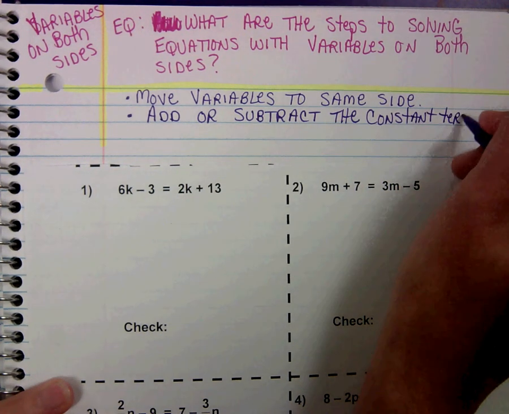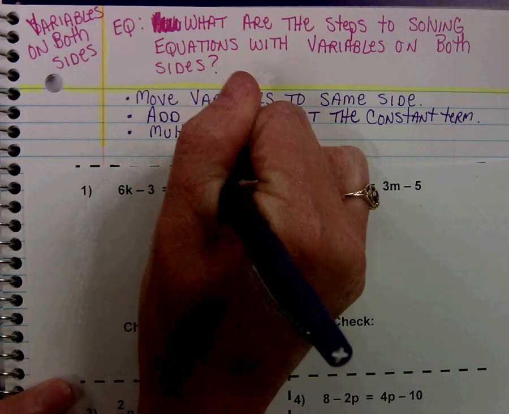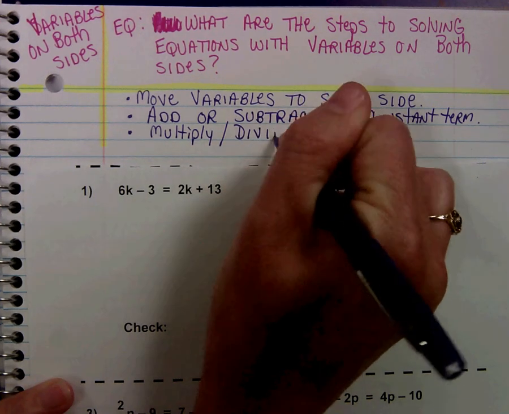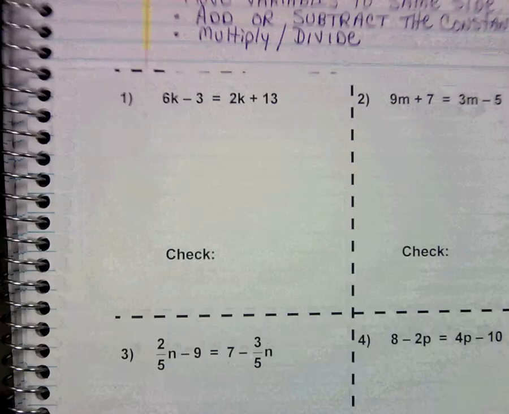And then our last step, hopefully we know, is always to either multiply or divide, depending on what number we have with our variable.